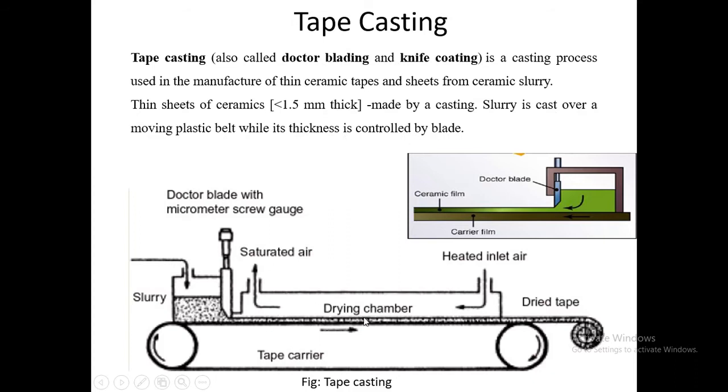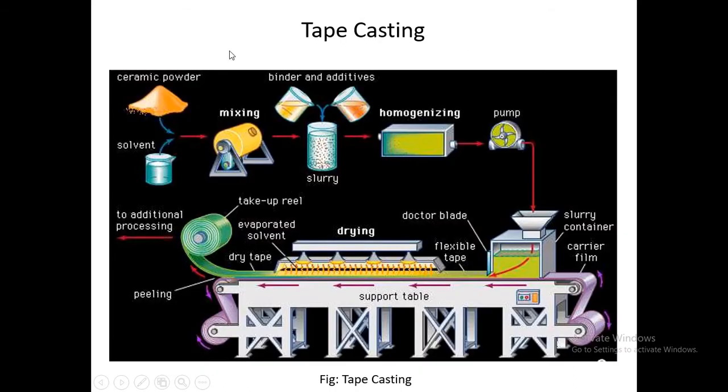You can see the working principle of tape casting, where it comprises a slurry, a drying chamber, a tape carrier, a take-up roll, and a blade mounted with a micrometer screw gauge. The working process is represented in this figure. Initially, the ceramic powder is mixed with a solvent.